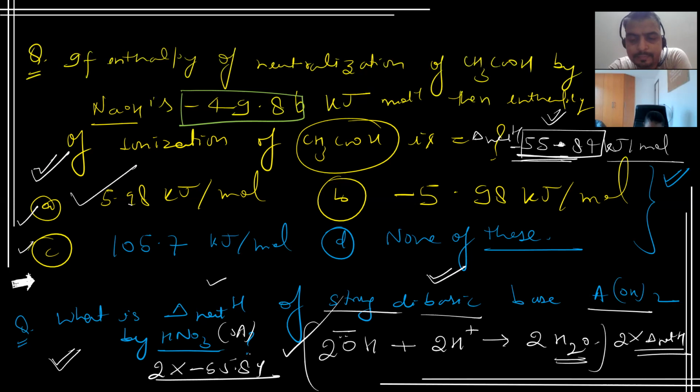So the enthalpy of neutralization can be negative. Is it always going to be negative? Enthalpy of neutralization means there will always be a liberation of heat. So when heat is evolving or liberating, the value has to be exothermic. Exothermic means it should be negative. So heat of neutralization will always be negative.